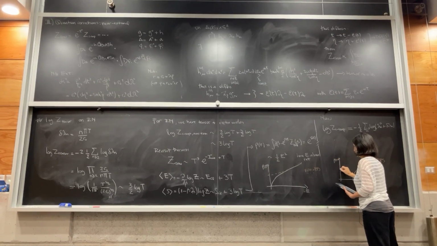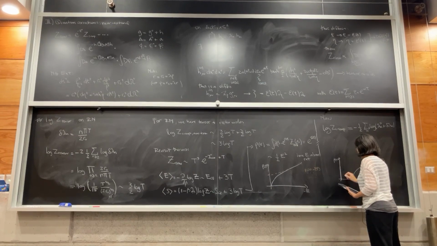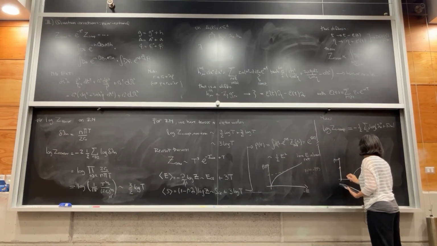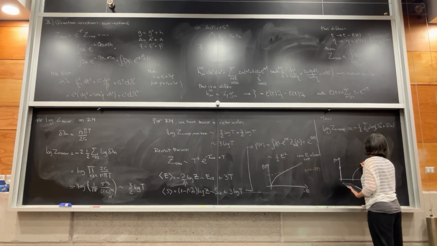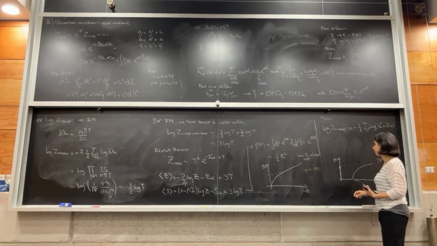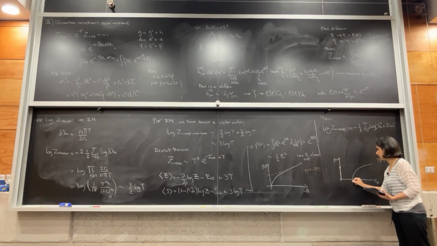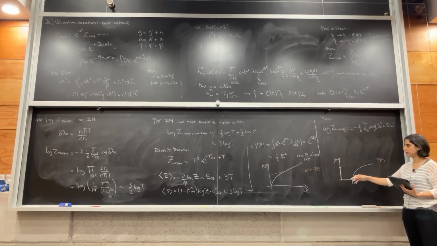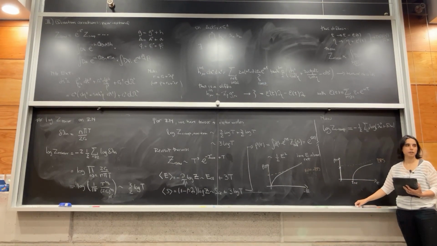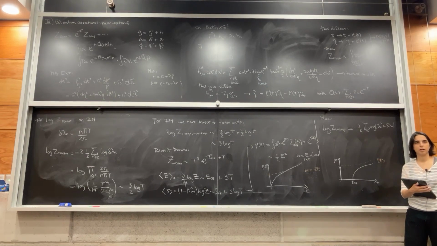The orange line is what you were expecting classically, something like that, and this is the gap. You can estimate it. Basically, it's the gap that you would have thought you had from the classical analysis.